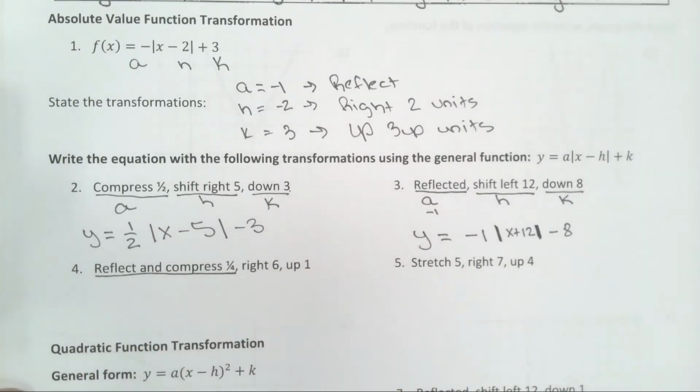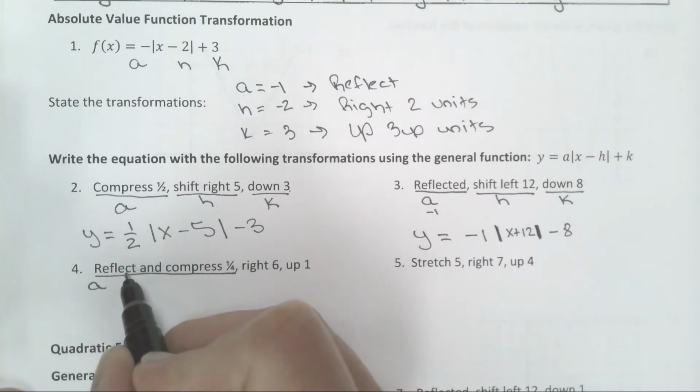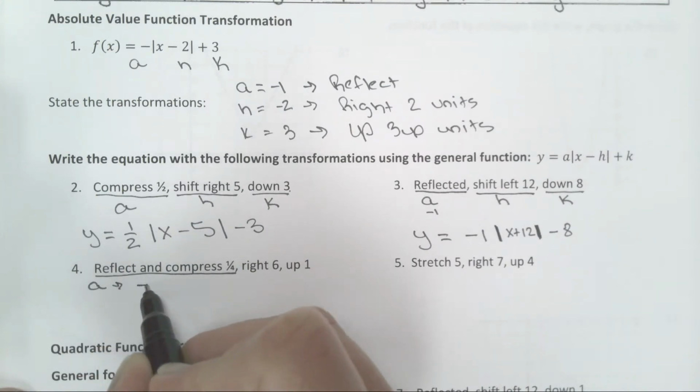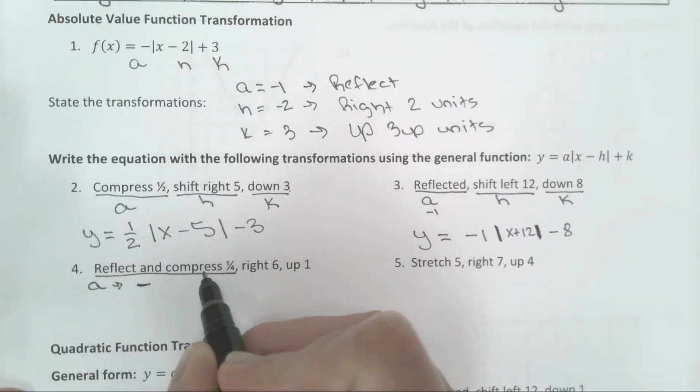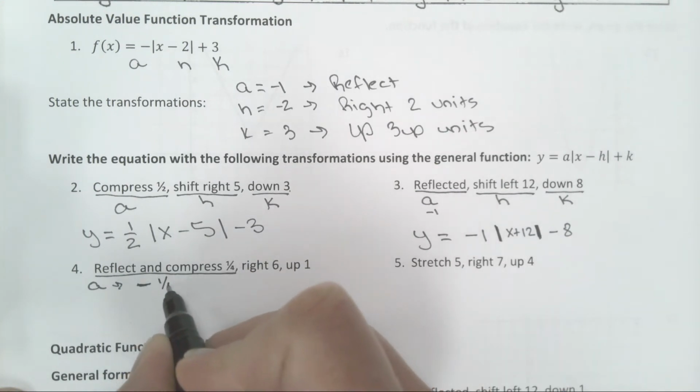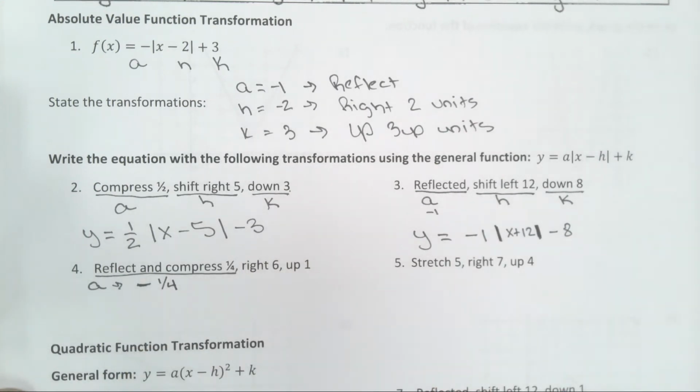Number 4, we are going to reflect and compress. So these are both A functions. So if A reflects, that means that it's going to be a negative and it's going to compress. It's going to be that fraction. So A is these two parts working together, and it's going to be -1/4.